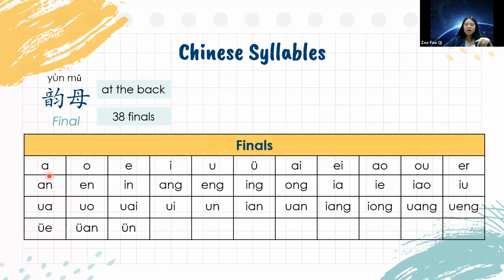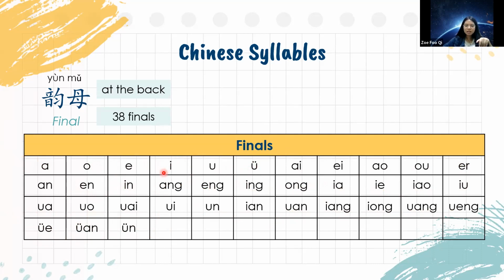So this one is A, O, E, U, U, I, A, Ao, O, An, In, Ya, Ye, Yao, Yo, Wa, Wai, Wei, Wen, Yen, Wan, Yang, Yong, Wang, Weng, Yu. No, this one is Yue, Yuan, and then Yun. The most important ones are A, L, U, and then U.